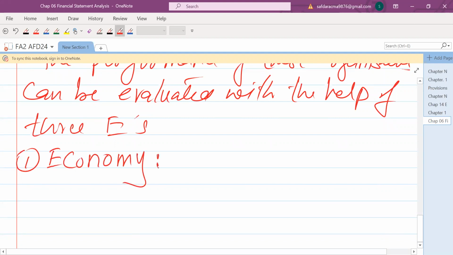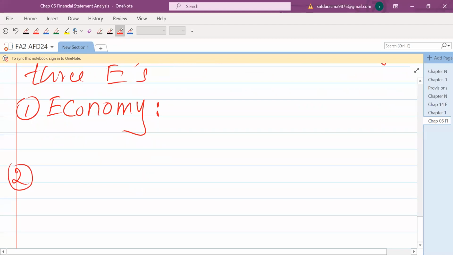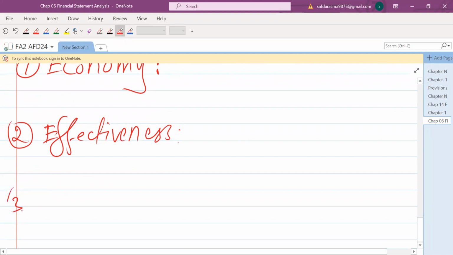Do you know what is the meaning of economy? One is economy, the second one is effectiveness, and the third E is efficiency.